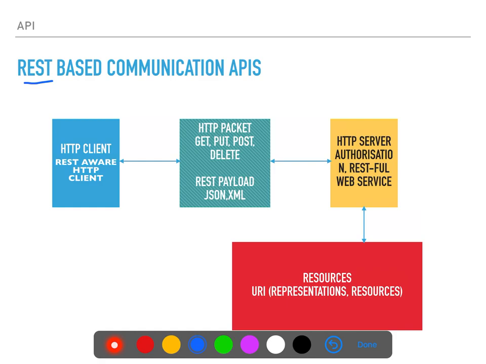We can see that we have an HTTP client, an HTTP packet, the GET, PUT, POST and DELETE methods, a REST payload in JSON or XML, an HTTP server, authorization and a RESTful web service. The HTTP client sends a value, and the HTTP packet is sent to the server.